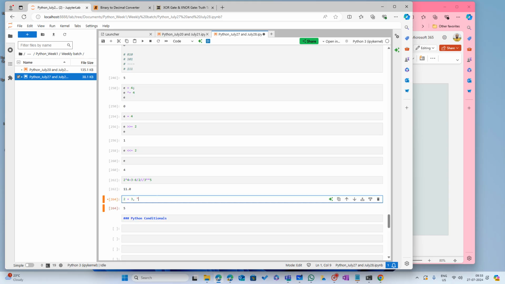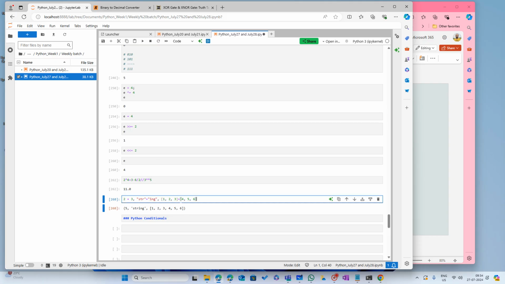If you add two strings, it will give you the concatenation. If you add two lists, you will get the lists combined.